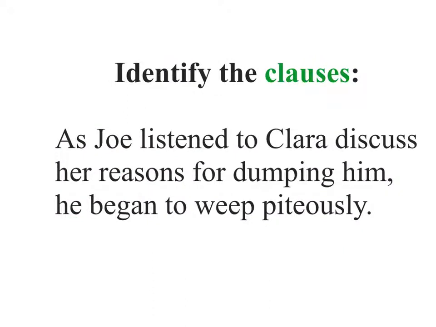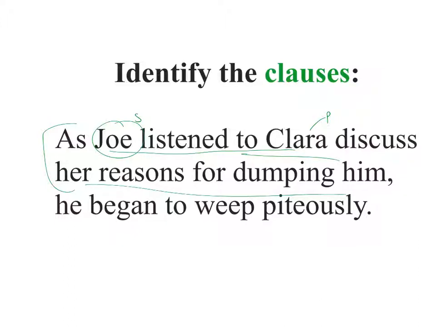Next example. As Joe listened to Clara discuss her reasons for dumping him, he began to weep piteously. So in this example, this first part is a clause. Joe listened to Clara discuss blah, blah, blah. Joe would be the subject. The rest of this would be the predicate. So we have a subject and predicate. That makes it a clause. But is it independent or is it dependent?